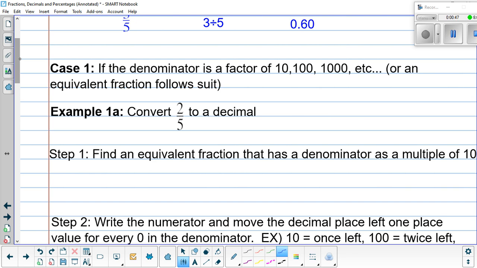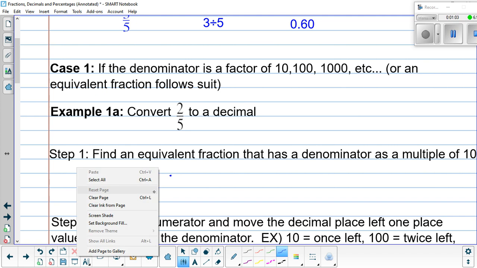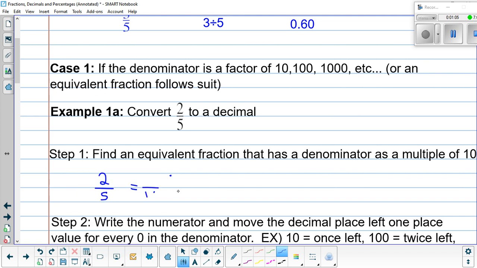So, step 1, we want to look at this conversion of 2/5 to a decimal. Can we represent this as something over 10? Well, yeah, we can. How do we get from 5 to 10? Well, we times by 2.